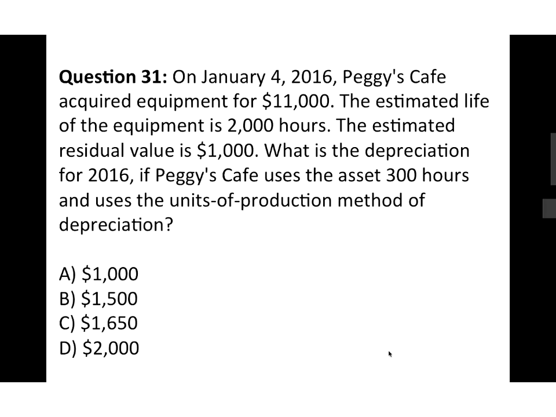It tells us that the estimated life of the equipment is 2,000 hours. So if on your paper you wrote $10,000 divided by 2,000 hours, that will give you $5 an hour, right?